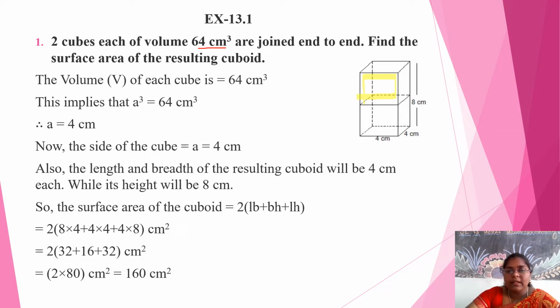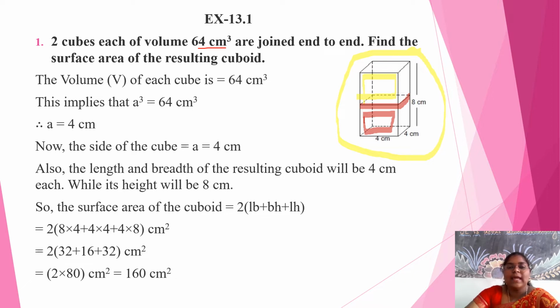And this part is another cube. These two cubes are joining end to end. So this is the place where they are joining. They are joining two cubes and the final figure is a cuboid.